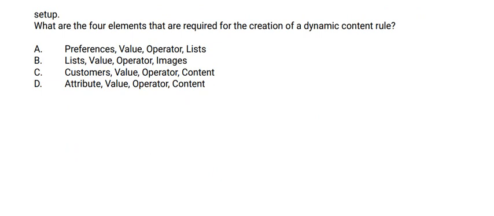Options are: option A, preferences, value, operator, lists. Option B, lists, value, operator, images. Option C, customers, value, operator, content. And option D, attribute, value, operator, content. The correct option is option D.